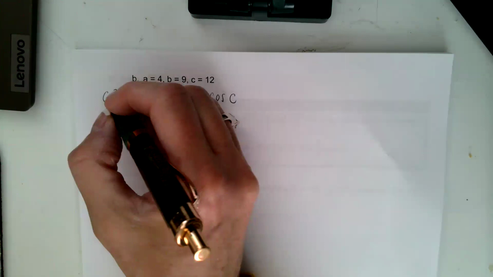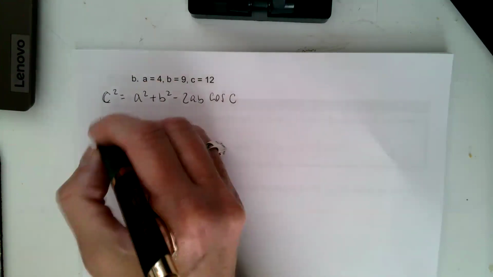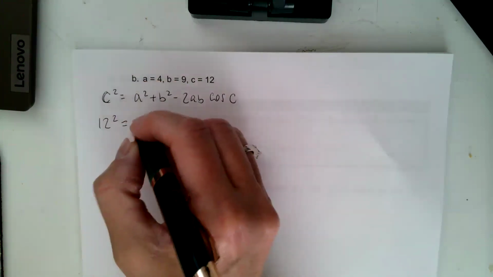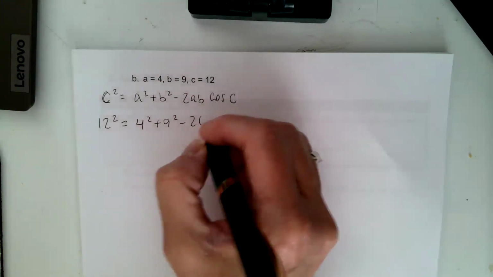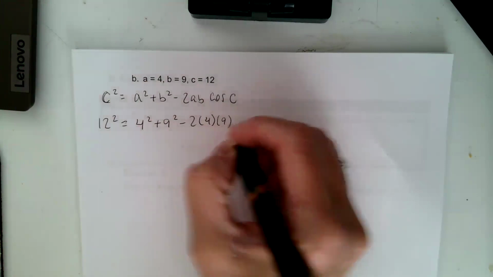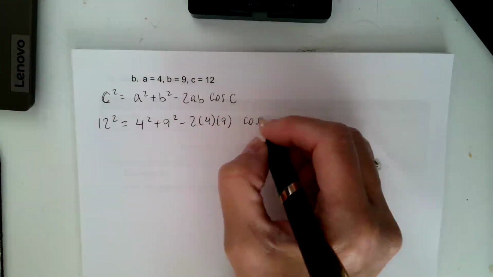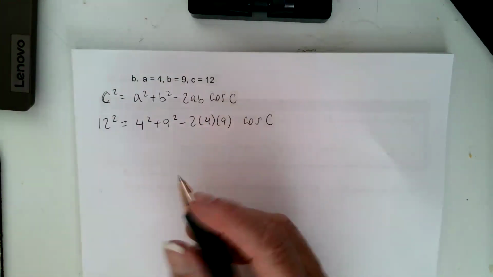So we know little c, we know a, and we know side b. We just don't know angle C.